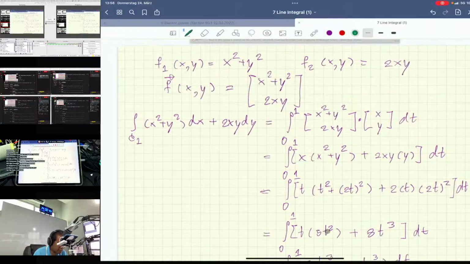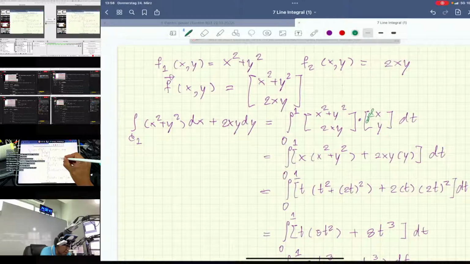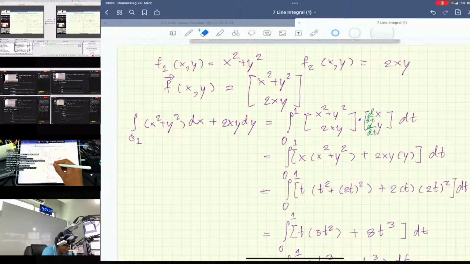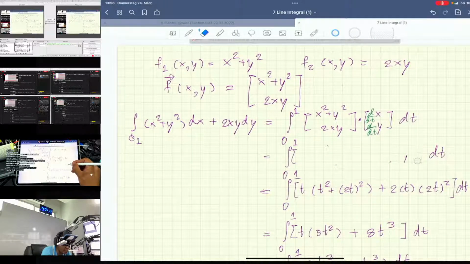D by dt, d by dt too, right? So x should be, oh my god, it's incorrect here.